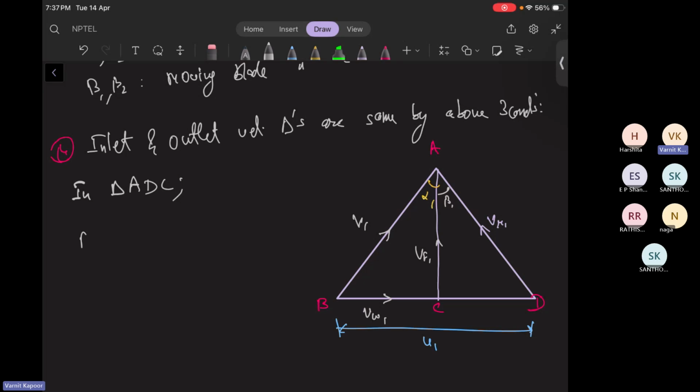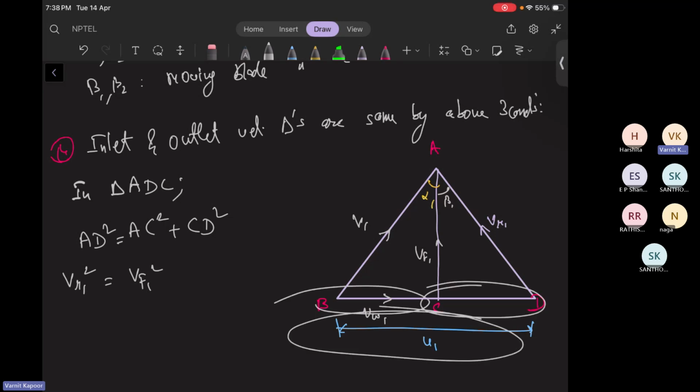From Pythagoras theorem, I can write AD square is AC square plus CD square. What is AD? AD is your VR1. AC is VF1 and CD is this much, that is U1 minus VW1.